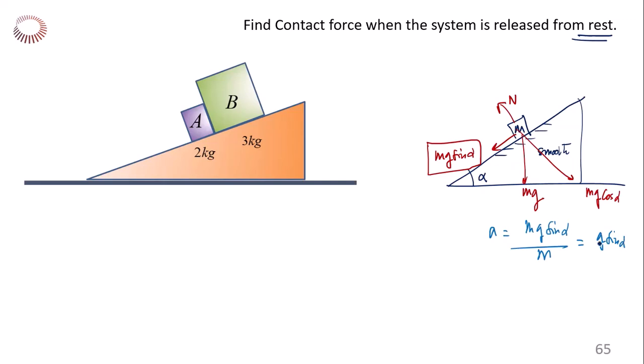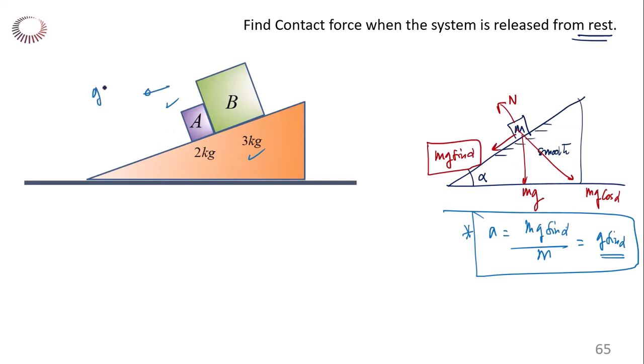So whenever I rest a particle on a frictionless inclined surface, the particle will come down with an acceleration g sin alpha, independent of mass. Whether the 2 kg particle is there or the 3 kg particle is there, both come down with the same acceleration, g sin alpha.